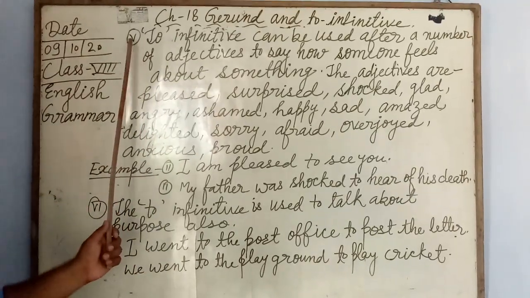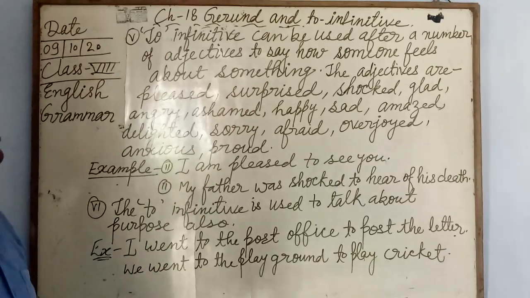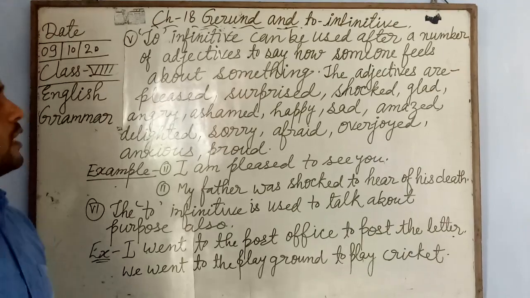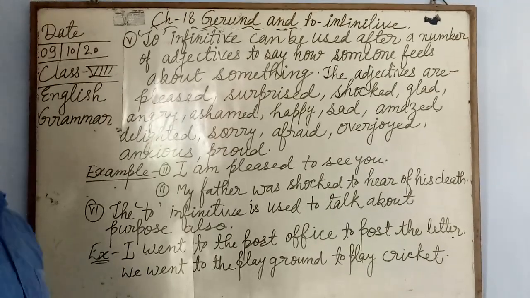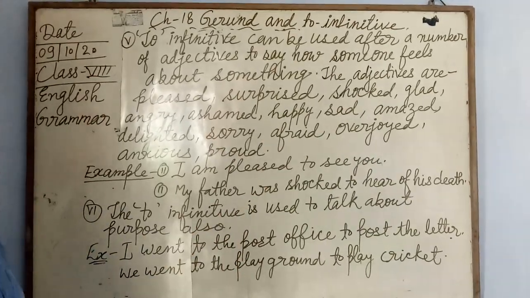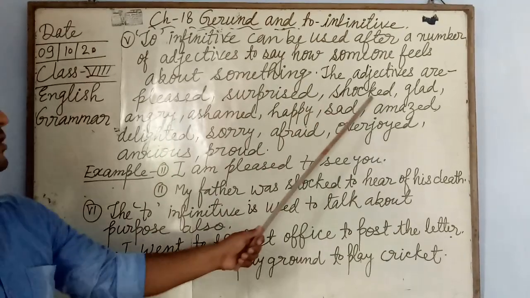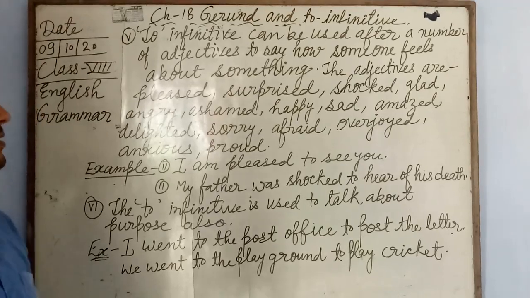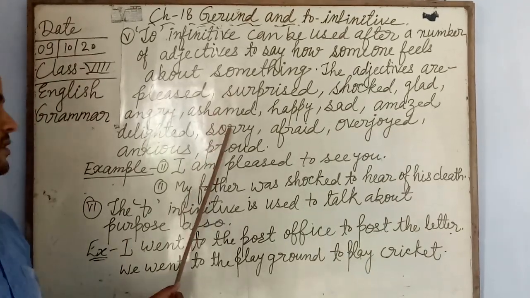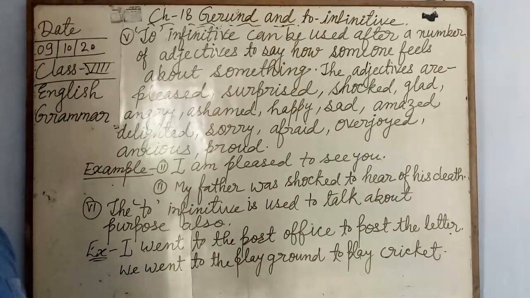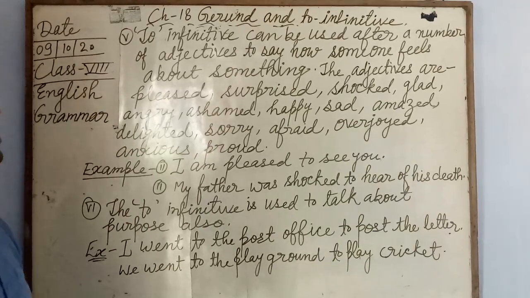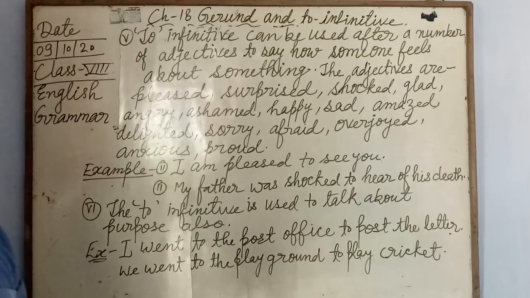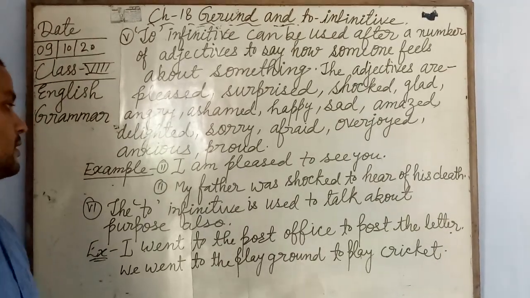Okay, now see the next point. To infinitive can be used after a number of adjectives to say how someone feels about something. The adjectives are pleased, surprised, shocked, glad, angry, ashamed, happy, sad, amazed, delighted, sorry, afraid, overjoyed, anxious, proud. After these adjectives we use to infinitive.